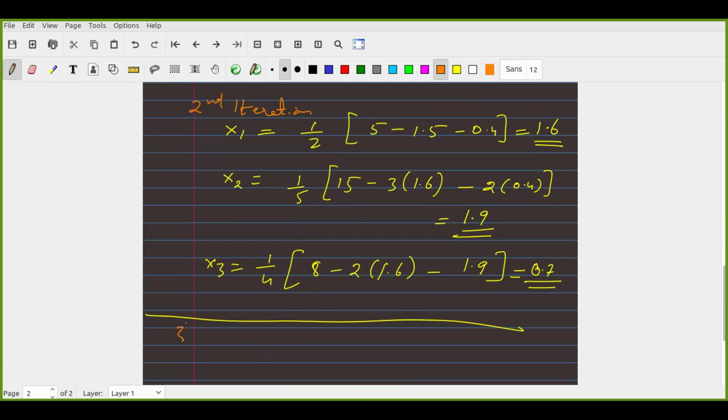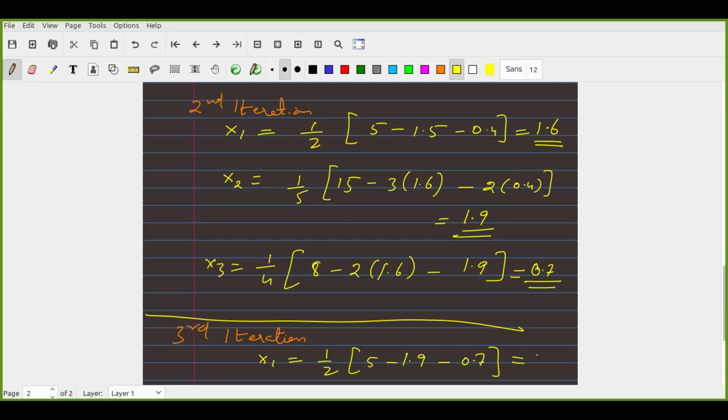Third iteration. x1 is equal to again 1 by 2, 5 minus the latest x2, 1.9, minus the latest x3, 0.7.